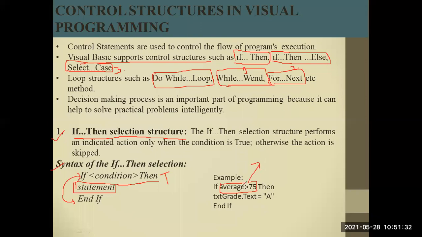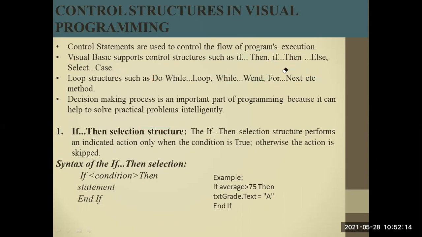If the average is greater than 75 and the condition is true, then I perform the statement, which is the text grade dot text variable. This variable stores a character, A. Then we end with the End If. Here you have to remember the syntax for the if-then part. And the second thing is that it will execute only one action if the condition is true, and if the condition is false, it simply skips the action.